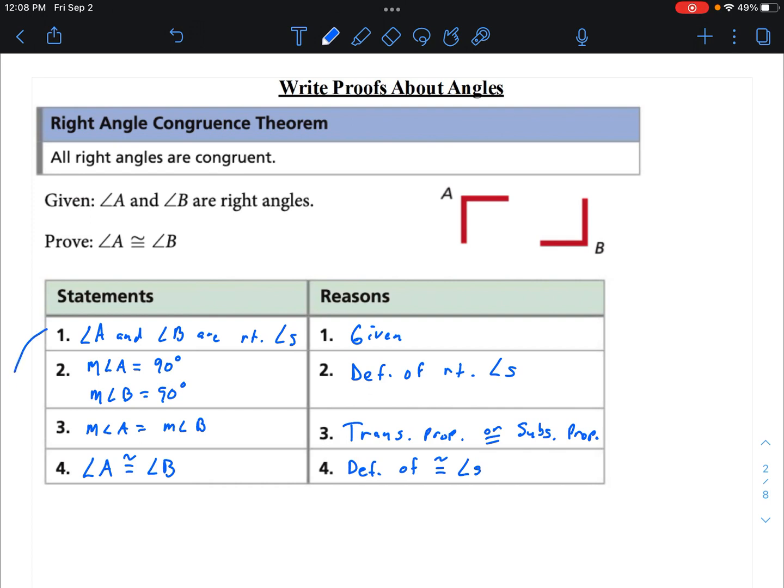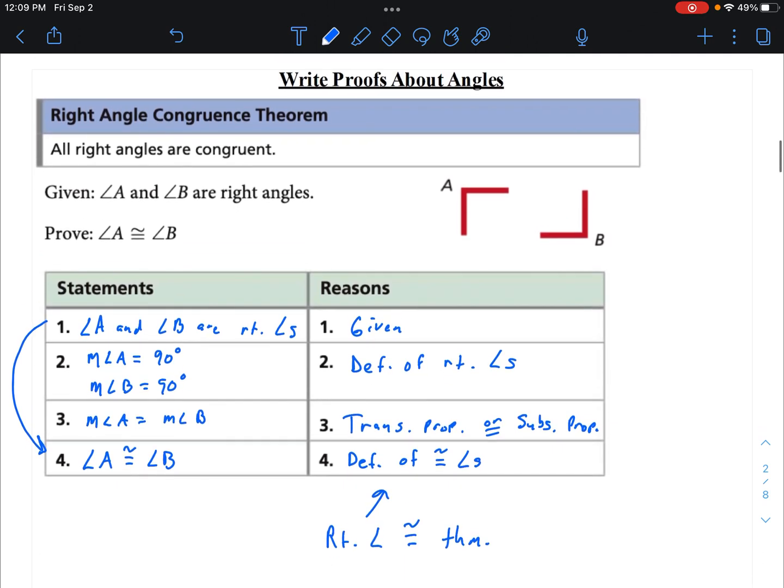We're going to be able to go from number one straight down to number four, and we would say A and B are right angles, angle A is congruent to angle B, and then your reason would become right angle congruence theorem. So just keep that in the back of your mind, that now that's a tool in your toolbox.